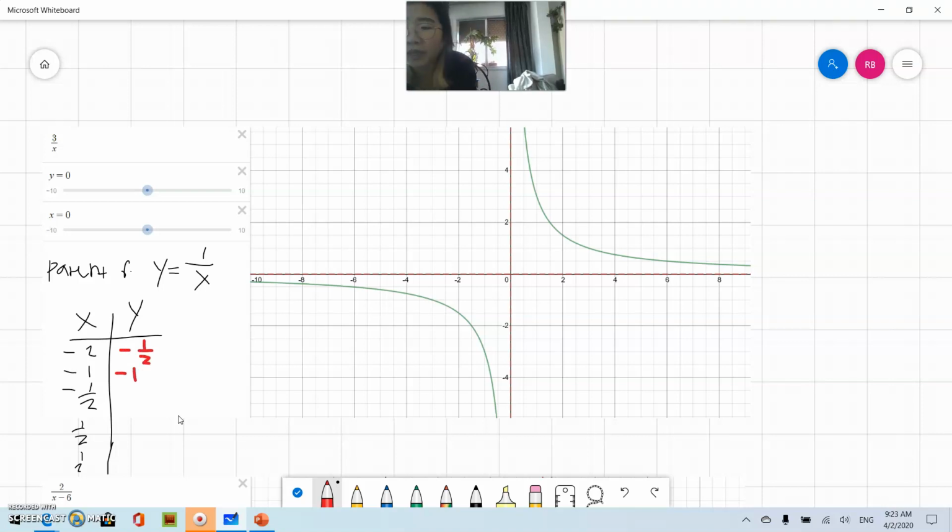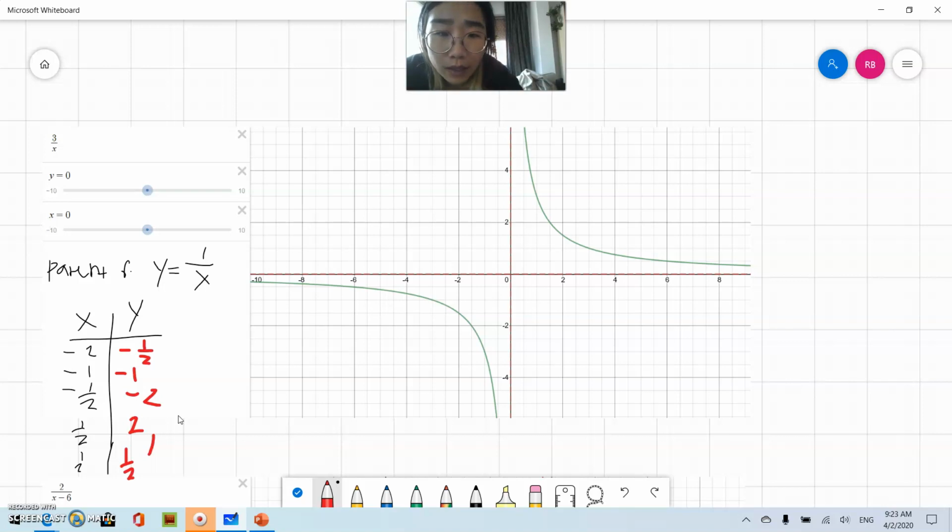And -1, but then once you start putting decimals in, it flips, right? So when you do 1 over -1/2, it's the same thing as 1 divided by -1/2, which is the same as -2. And then the same thing for 1/2, it will be just 2, 1, and 1/2.